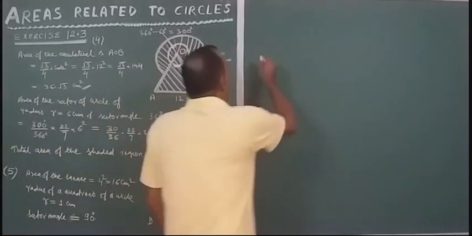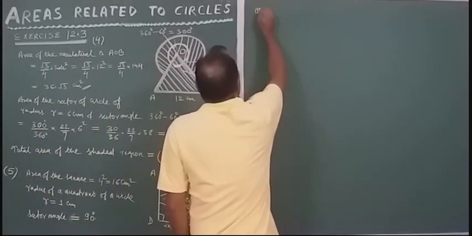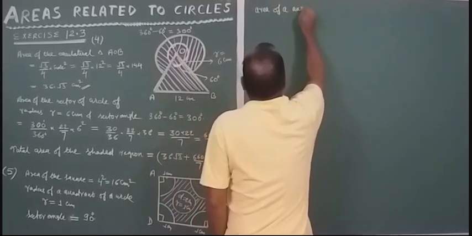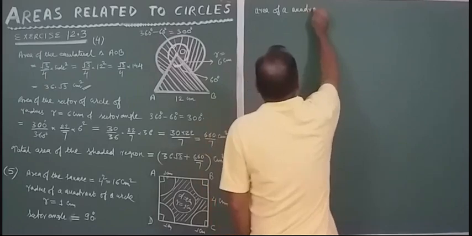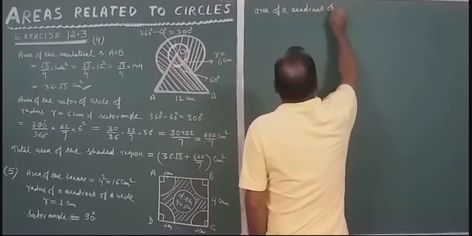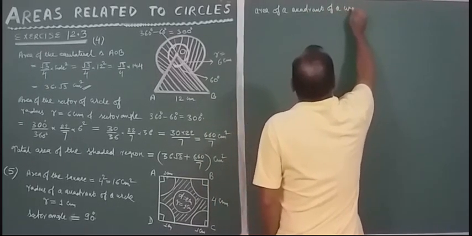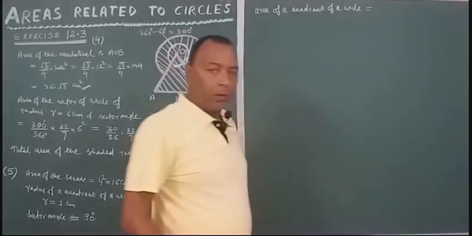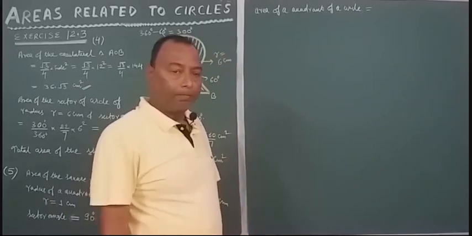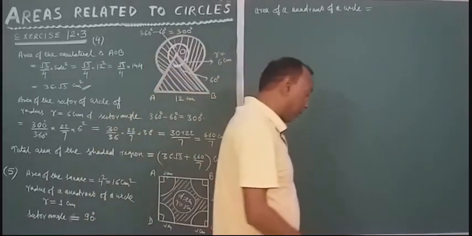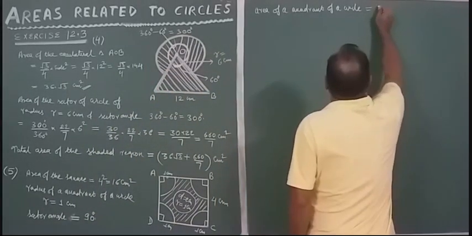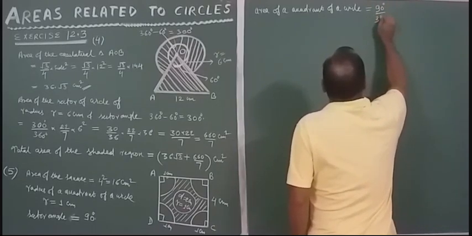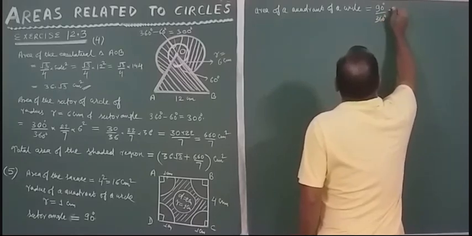Now area of a quadrant of a circle. Quadrant means 1/4 of the circle or 90 degree sector of a circle. So that is 90 upon 360 into pi.